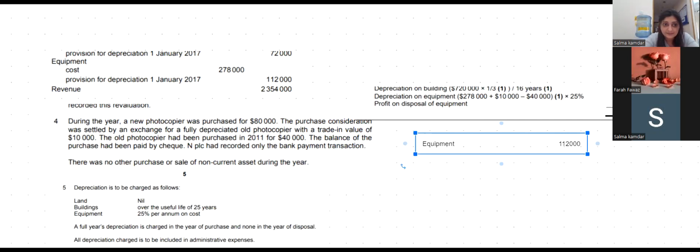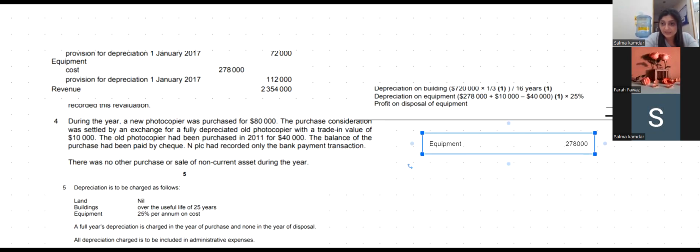112 or 278? Sorry, yeah. We already have equipment of 278,000. And during the year, you have purchased a photocopier for 80,000.